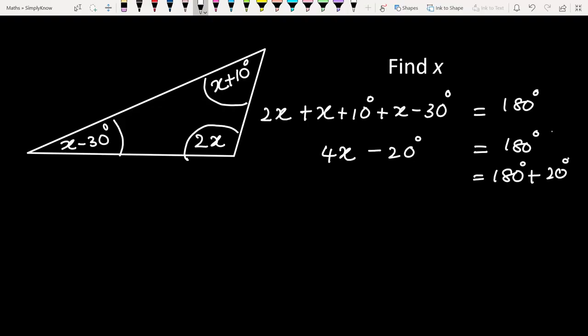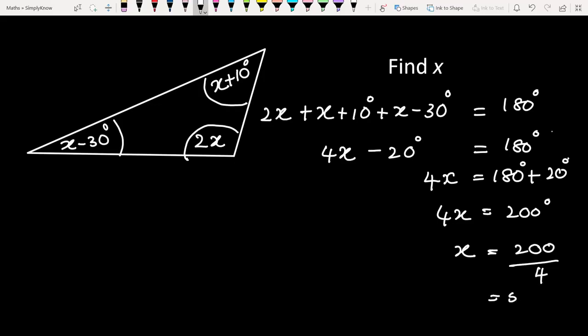So it will become 180 degrees plus 20 degrees. So 4x equals 180 plus 20, which is 200 degrees. So how much is x? X is 200 divided by 4, we get 50 degrees. X is 50 degrees.